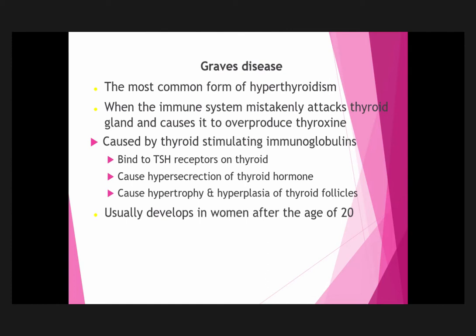A very specific type of disease which provokes overfunction of an organ. If you look at the other types of autoimmune disorders, you will see that they provoke destruction of the organs, like type 1 diabetes, like SLE, like rheumatoid arthritis, etc. But in Graves' disease, the thyroid gland is attacked by production of antibodies which are called TSH receptor antibodies.